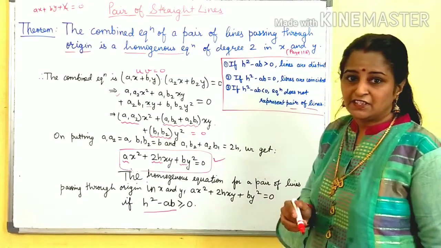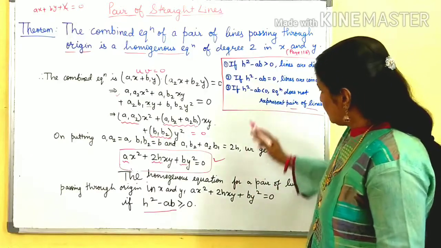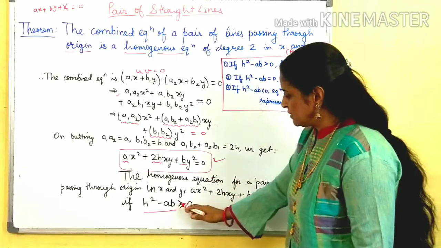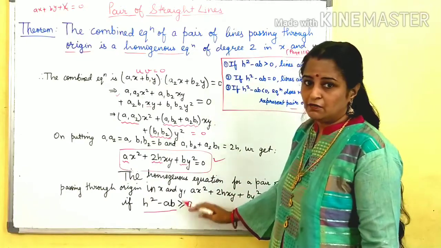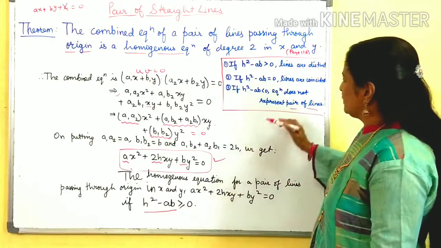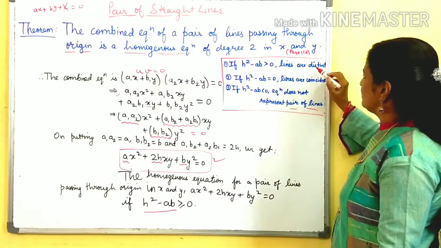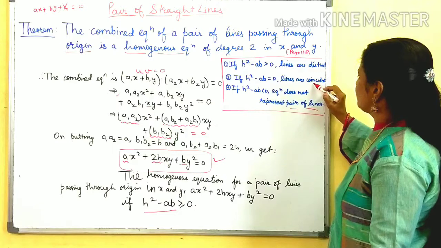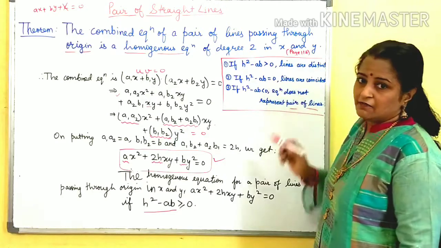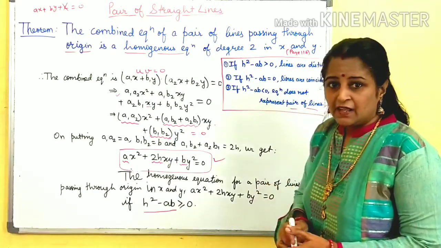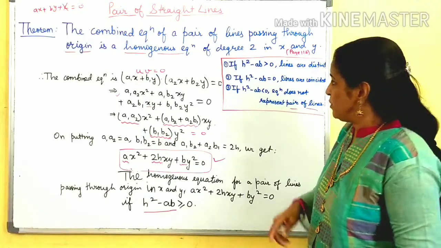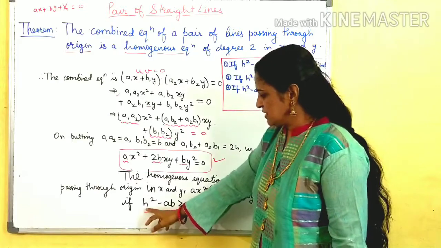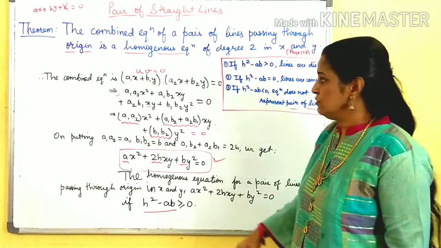So you get two distinct lines for the greater than value, and coincident lines for the equal to value. There are some examples depending upon the conditions of lines and the standard condition h square minus ab equals 0.